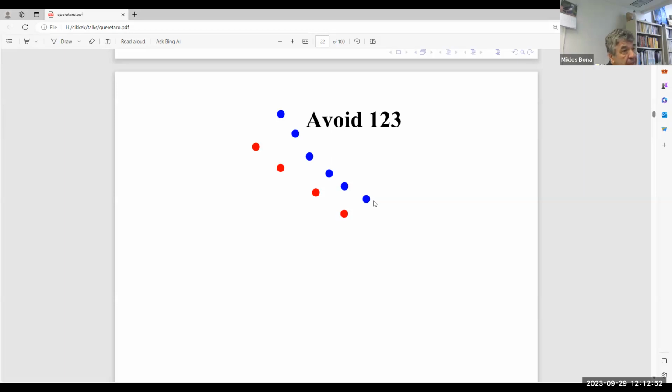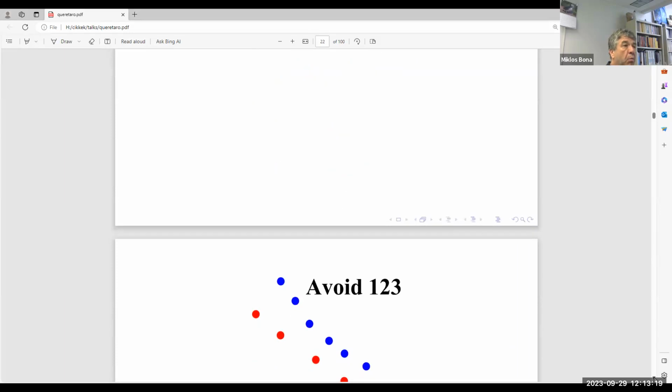And they have to be in decreasing order too, because if there were two blue entries in increasing order, then you could take those two and go to the closest left to right minimum on the left, and you would have a 1, 2, 3. Okay, so once you know the set and position of the red entries, the left to right minima, you know everything. You have no choice but to write everything else in decreasing order in the remaining slots.